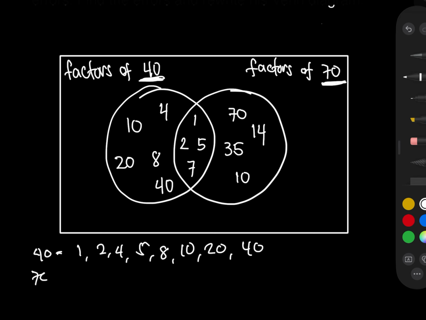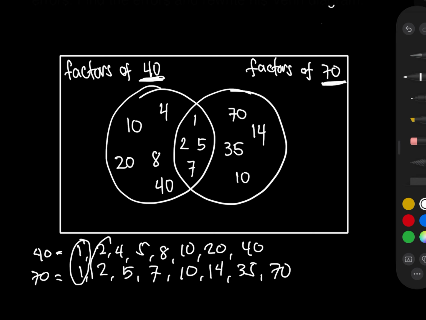While the factors of 70, I'm just listing down from the Venn diagram, we have 1, 2, 5, 7, 10, 14, 35, and 70. So let us try to find the common factors: 1, 2, 5, and 10.